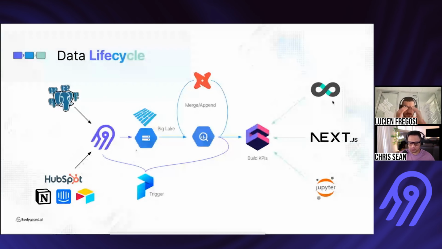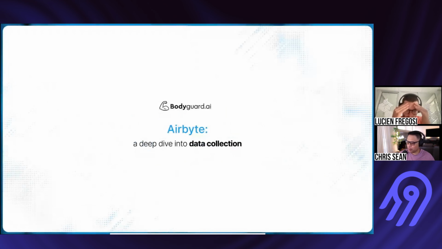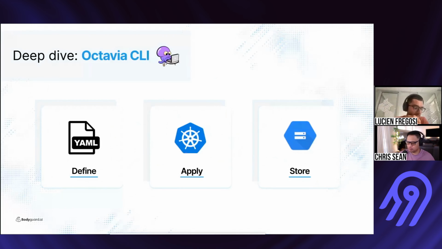Okay, so now the last part of this presentation is a bit of a deep dive into Airbyte and our data collection process. Like I said earlier, we don't want to define all the Airbyte configuration through the UI. The good thing is that Airbyte provides a really nice tool named Octavia.